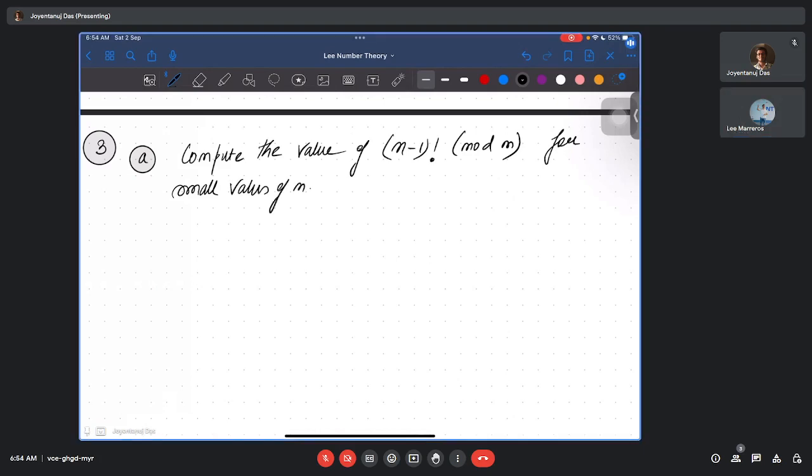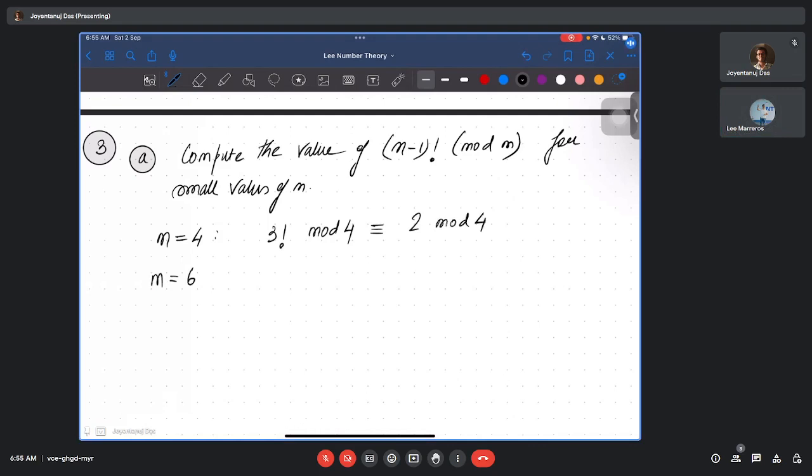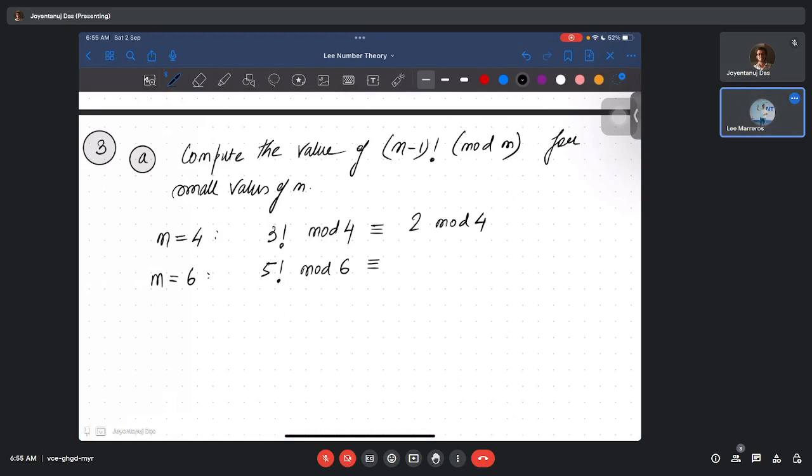Okay, so suppose m equals 4, then I have 3 factorial modulo 4. How much is that? 6 mod 4 is 2, right? Now suppose m equals 6, then it will be 5 factorial mod 6.